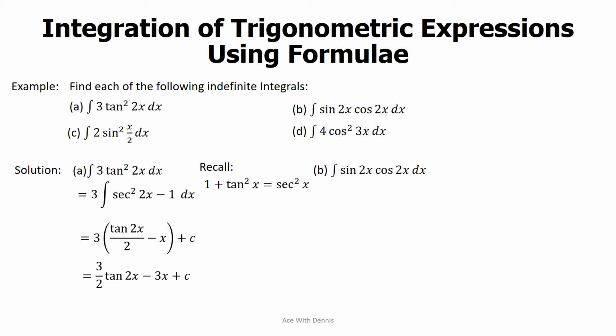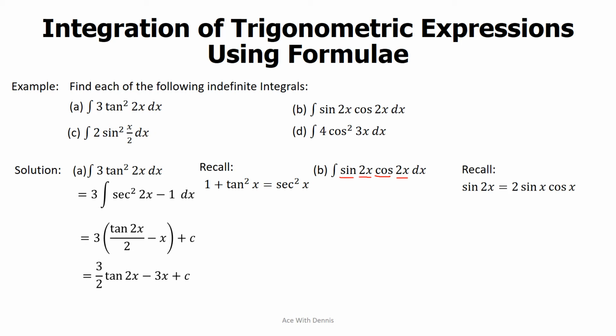For B, integration of sine 2x cosine 2x dx. Notice that there is a multiplication of sine and cosine with the same angle, 2x and 2x. From here, we can apply the formula, which is sine 2x equals 2 sine x cosine x.